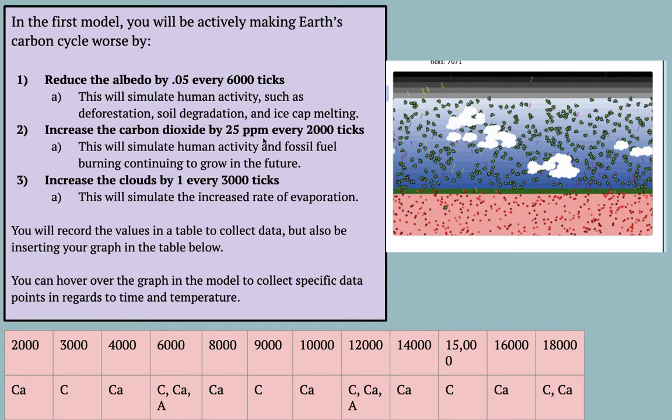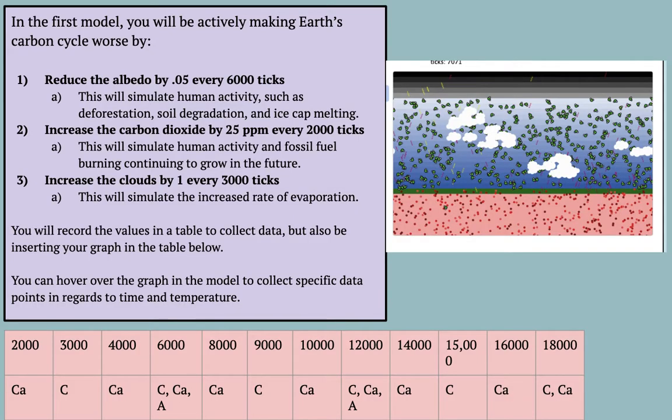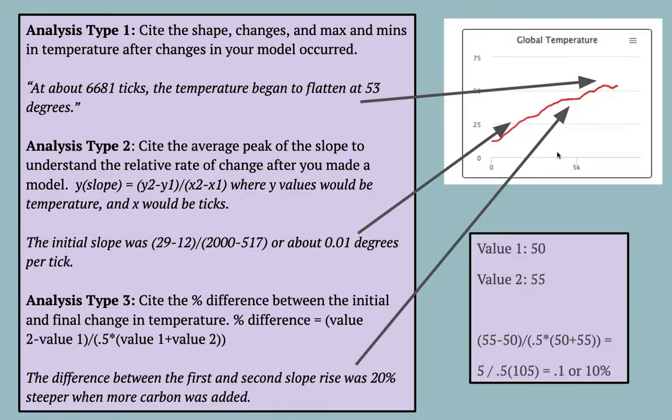We added more carbon dioxide, 25 parts per million every 2,000 ticks, because in this scenario, human populations rose and we kept burning fossil fuels. And also things like soil degradation meant that it was harder for us to store carbon in the soils. And then we also increased clouds every 3,000 ticks because we were having increased temperatures. So more water and melting ice caps would evaporate to form more water vapor.